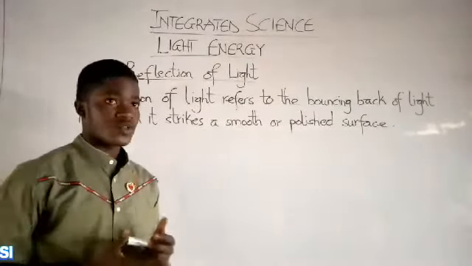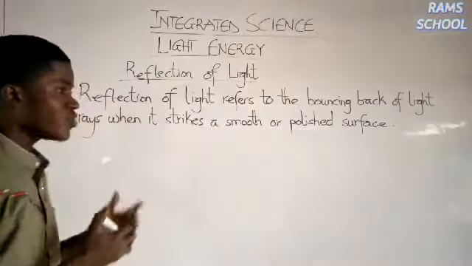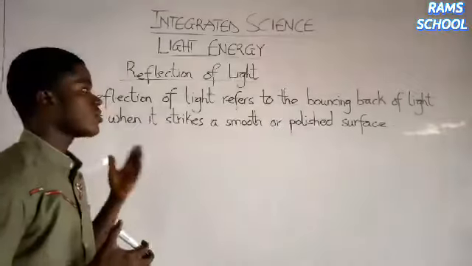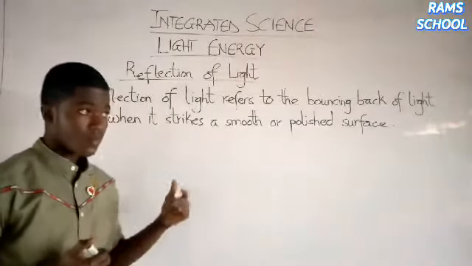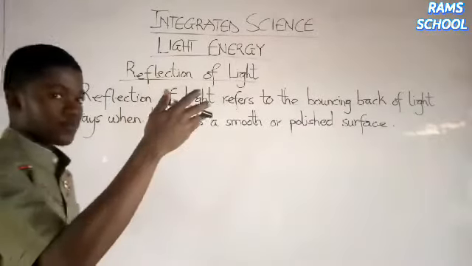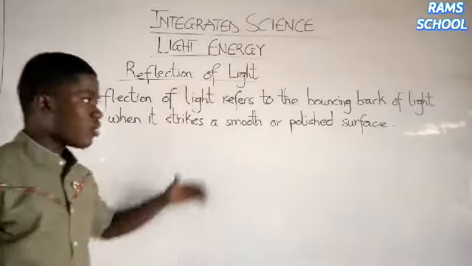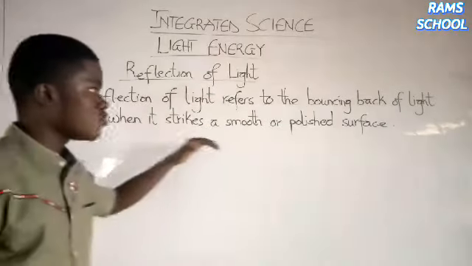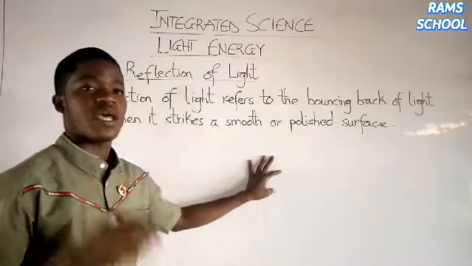When light rays fall on a smooth surface like a plane mirror, they bounce back or reflect. So I will give you the diagram for that explanation. An example of a smooth or polished surface is a plane mirror.